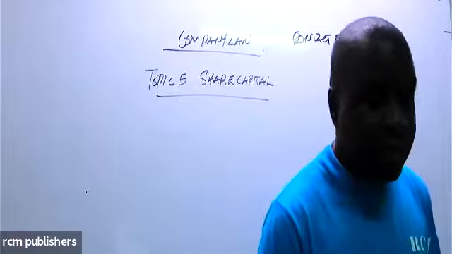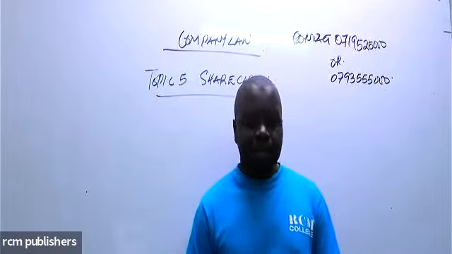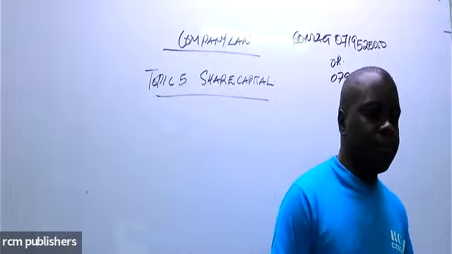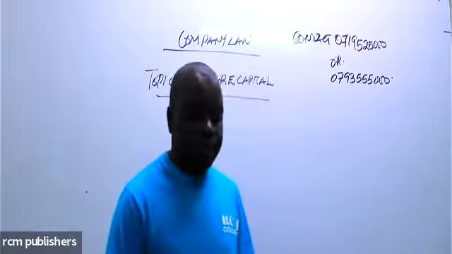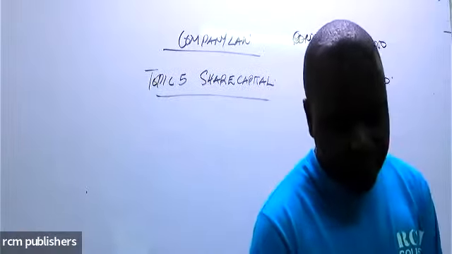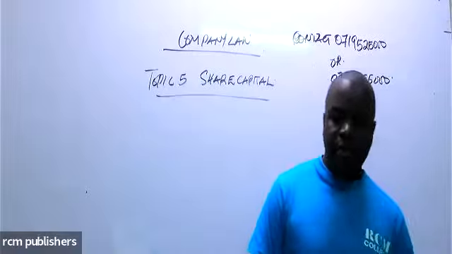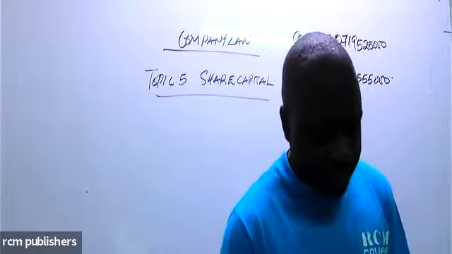And in any case, if the company is raising the share capital to venture into a major project, they'll also attach a special report on that prospectus. It can be part of the information relied upon by a potential investor who is buying shares in the company.